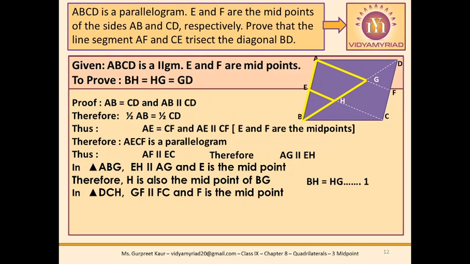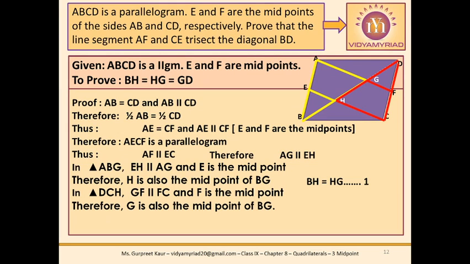Similarly, if I take the other triangle DCH, in that case I know that GF is parallel to HC and F is the midpoint. So I can also say that G is also the midpoint of DH. So this is the converse of the midpoint theorem which we have done earlier. So let it be equation number 2 that DG is equal to GH. Now from equation 1 and 2, what do you get? BH will be equal to HG will be equal to GD.